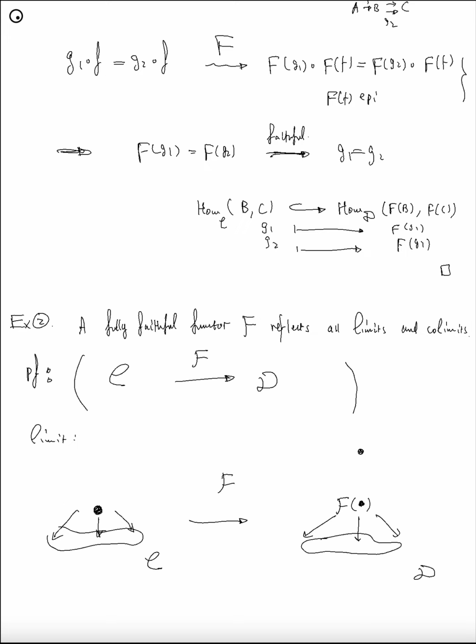Question: is it at the beginning a universal cone? So take any object at the beginning, which is again a cone. Does this factor uniquely through this? The answer is you just apply the functor f, and because this is a universal cone, it factors through this. Right.